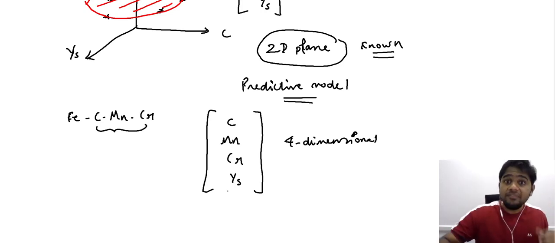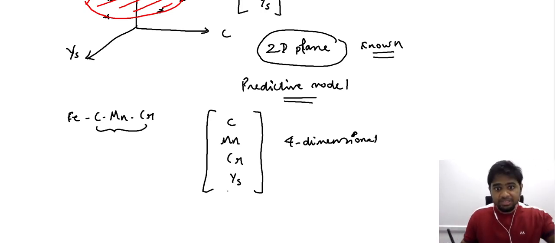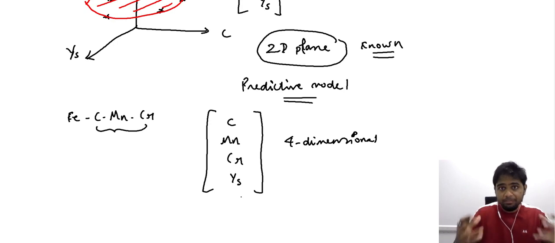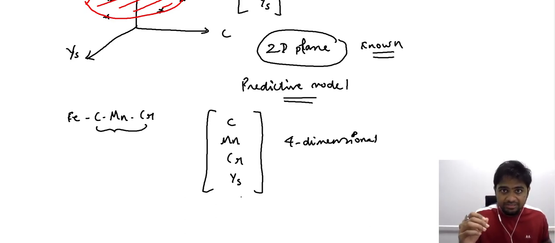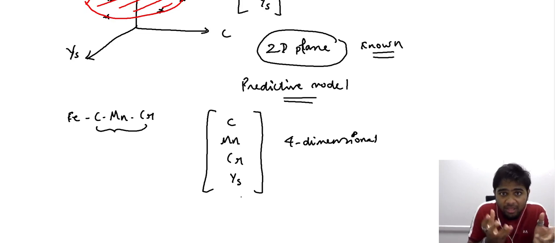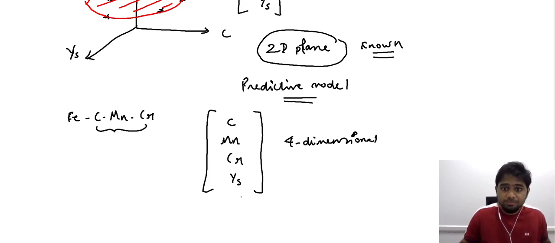So when we handle this numerically, and take a similar approach, when there is a sufficient number of known points, that is, sufficient data points that include the concentration of this quaternary alloy and also the corresponding yield strength, then we can fit a similar plane. This plane would now be in 3 dimensions, and in this case we refer to it as a hyperplane.